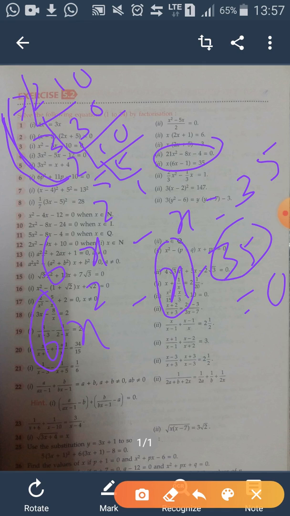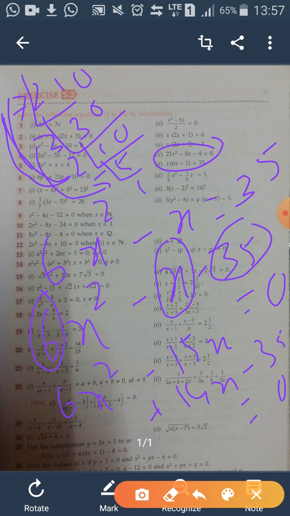Yes, 7 2s are 14 and 3 5s are 15. Yes, so the combination will be 6x square minus 15x plus 14x minus 35 is equal to 0.